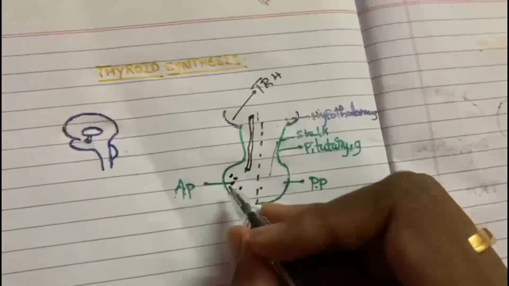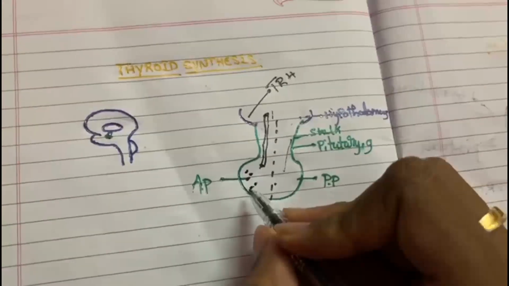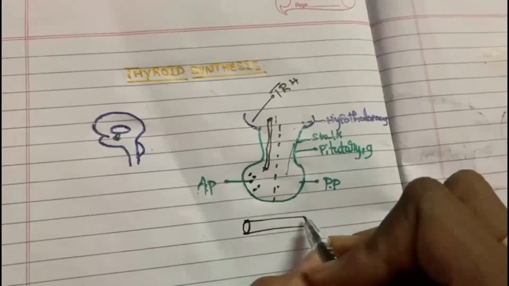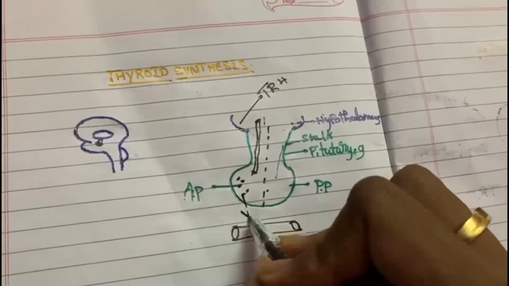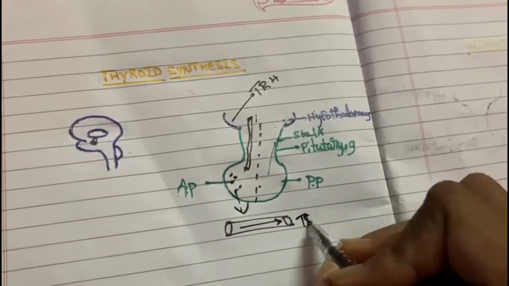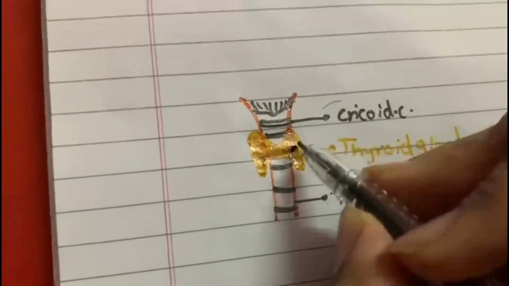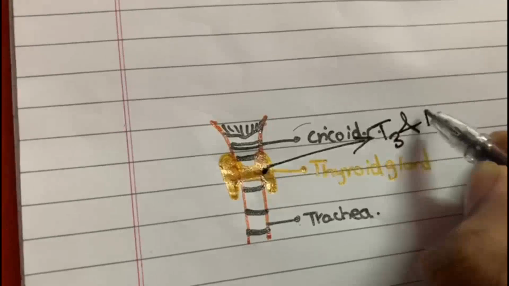And the anterior pituitary, in response to thyroid-releasing hormone, secretes a hormone into the bloodstream known as thyroid-stimulating hormone, TSH. The thyroid-stimulating hormone reaches the thyroid gland and makes it to secrete T3 and T4.